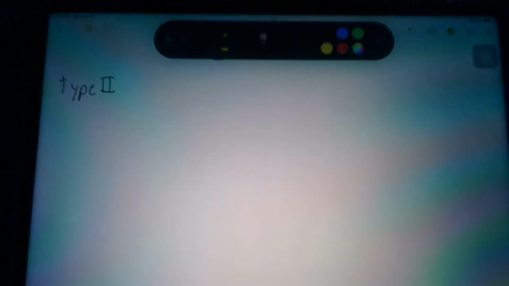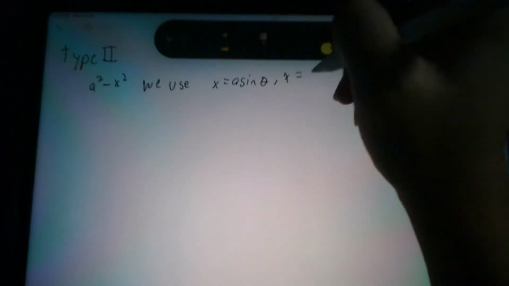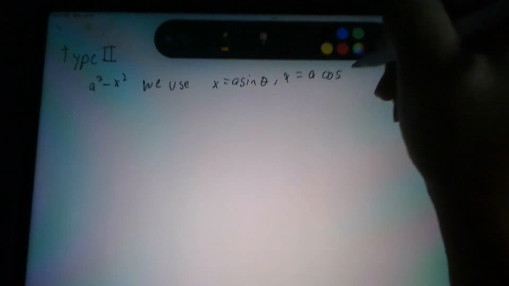Now we move on to type 2. So if our type 2 integrand contains a squared minus x squared, we use x equals a sine theta or x equals a cosine of theta.